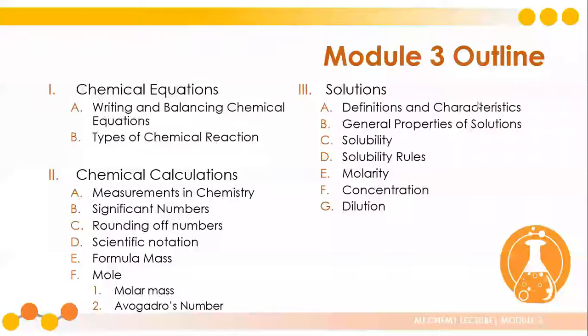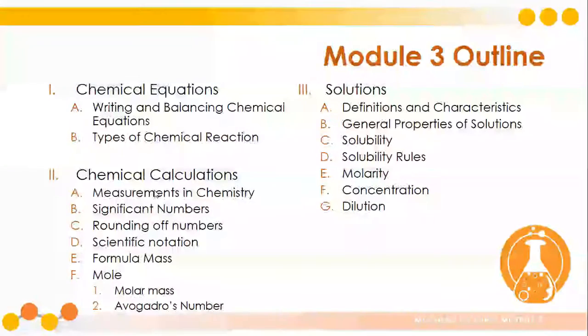Let's take a look at the outline for Module 3. As you can see, there are a lot of topics to be covered in this module. First, we will be discussing chemical equations, with the subtopics writing and balancing chemical equations and the different types of chemical reactions.